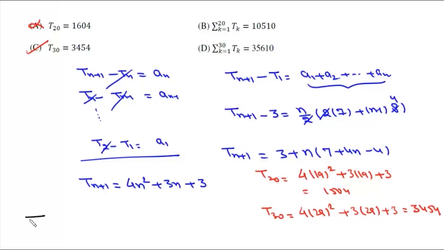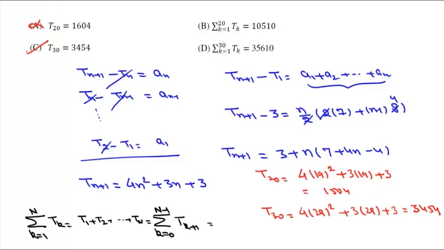So we have to simplify this summation. k varies from 1 to, suppose, capital N, T_k, which is T1 plus T2 up to Tn. Now we can also write this as the summation k varies from 0 to n minus 1 of T_{k+1}, because again it will be T1 plus T2 up to Tn.